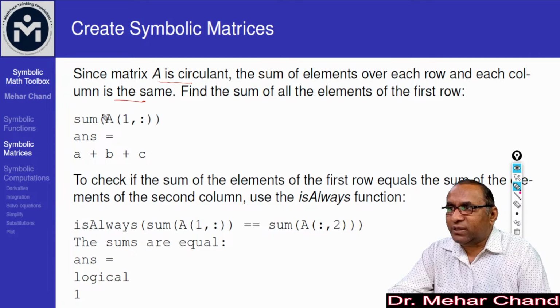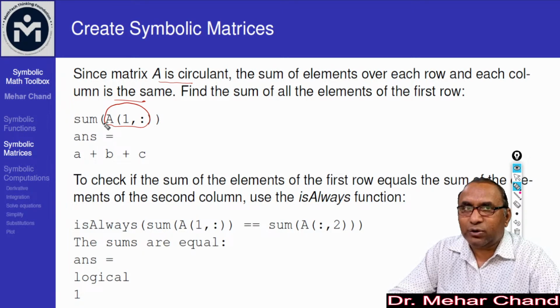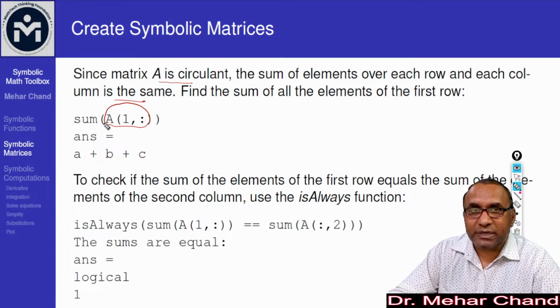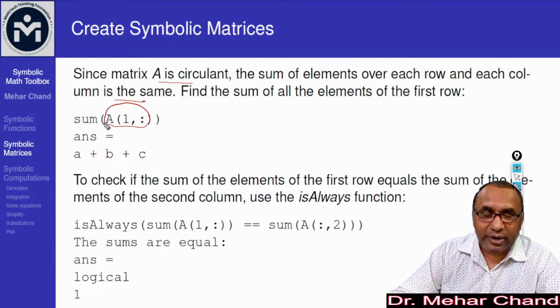If you want to get the first row, we have this syntax. Note this syntax. When we covered the topic of matrices and determinants at the very start, I clearly explained how we can extract the first row, second row, first column, second column, any column or any row from the matrix.